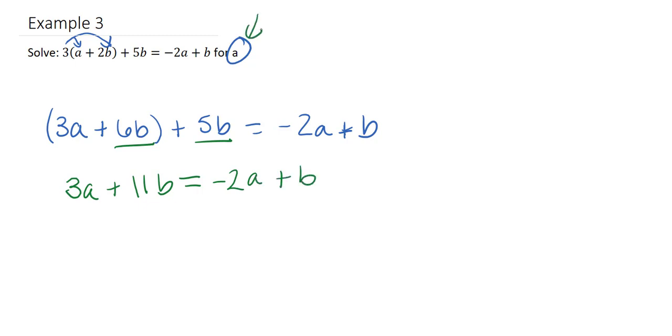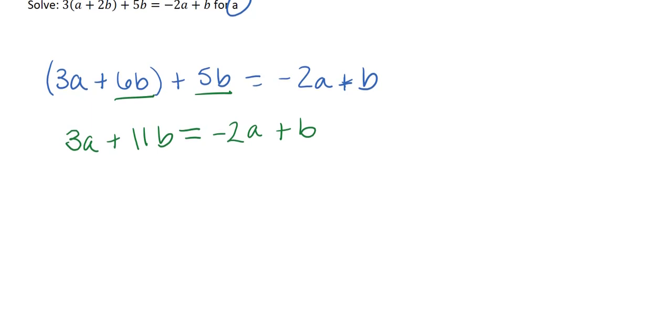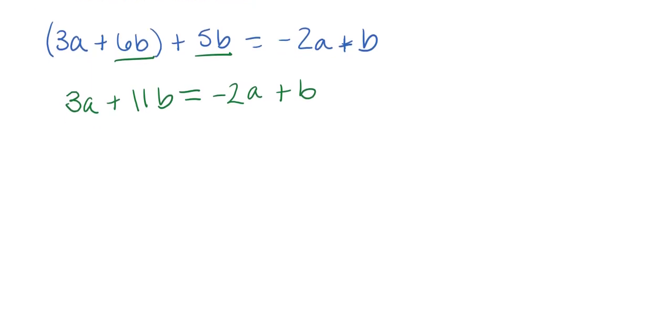Now we're solving for a. Like with numbers, at this step we start to put a all by itself on one side. Let's move this negative 2a, because this is the lesser of the two values, 3a and negative 2a.